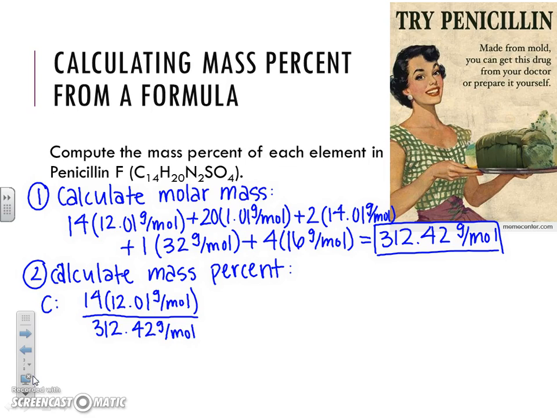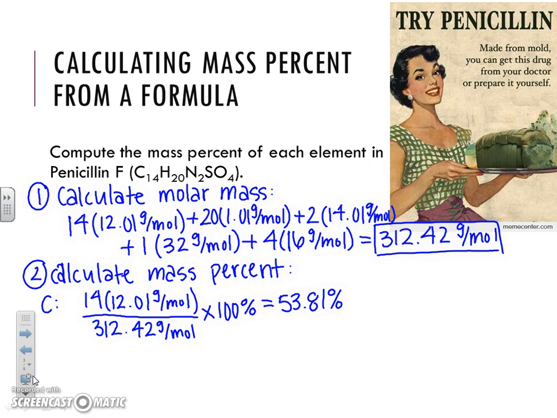I have to multiply by 100% in order to turn it into a percentage. When I do that, I find that the percentage is 53.81%. So this compound is half carbon by mass, approximately.